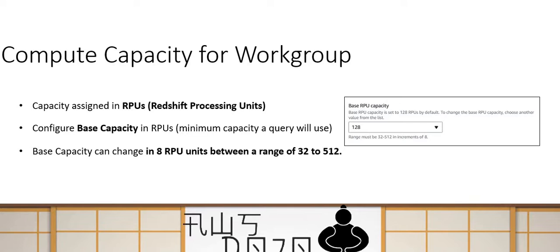And the higher RPU you choose for a base capacity, the better performance you get, but the more price you pay for your query execution. So it is always advisable to do some kind of benchmark study of RPUs with your queries and then decide what is the best minimum fit for you.